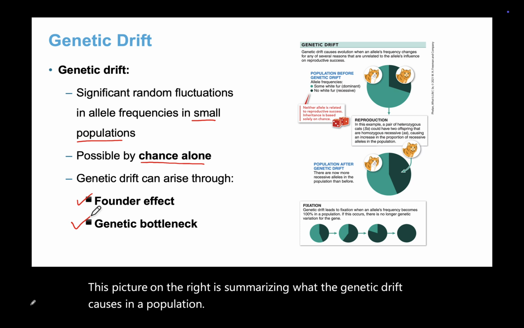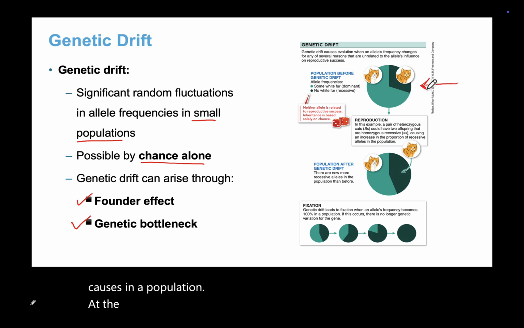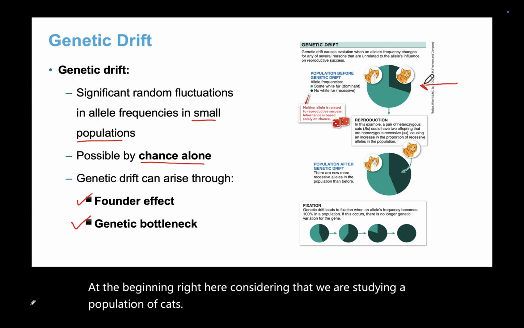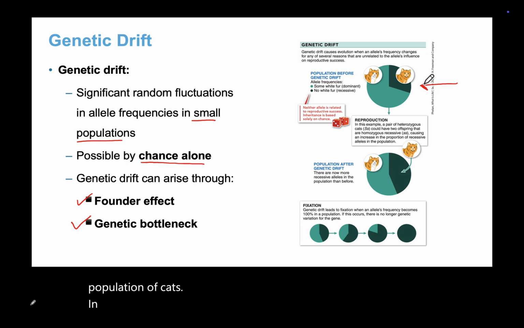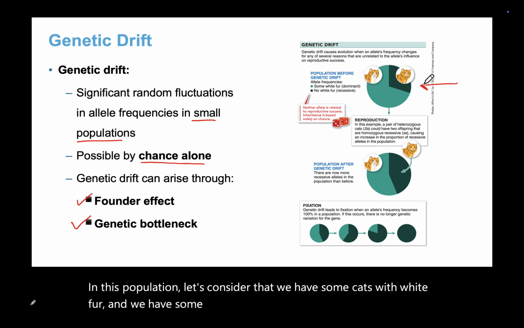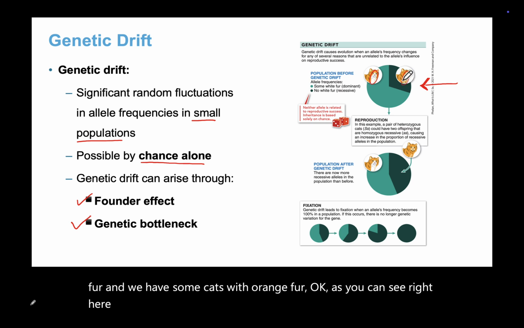In general, this picture on the right is summarizing what genetic drift causes in a population. At the beginning, right here, considering that we are studying a population of cats, let's consider that we have some cats with white fur and we have some cats with orange fur. Okay, as you can see right here in their faces.